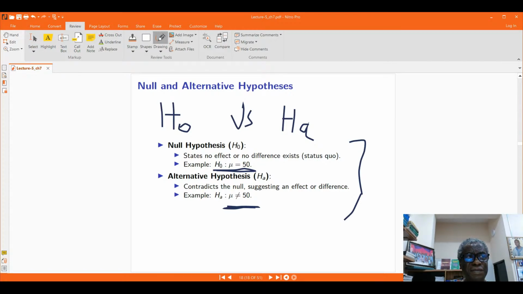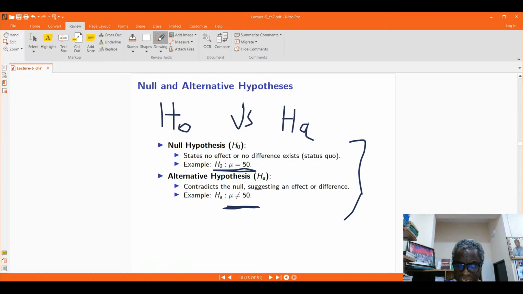The alternative is the one that specifies the claim or the effect that you are testing, or the difference that you are testing. So once you do that, you have been able to formulate the hypothesis.